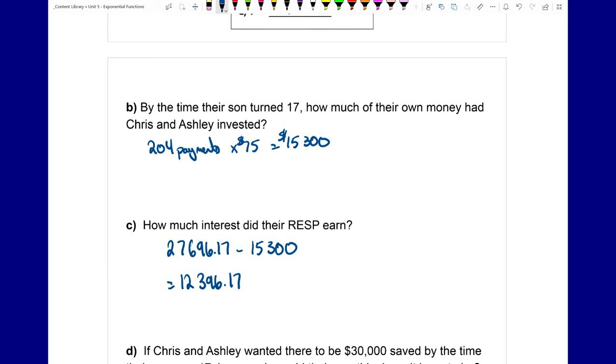Again, you might think, okay, over 17 years, that's not a lot, but you haven't had to do anything to really earn this, right? So it's kind of that trade-off of how much work you're putting in versus what you get back. You're not putting any work in really except for depositing money, and you're making $12,000 over 17 years.